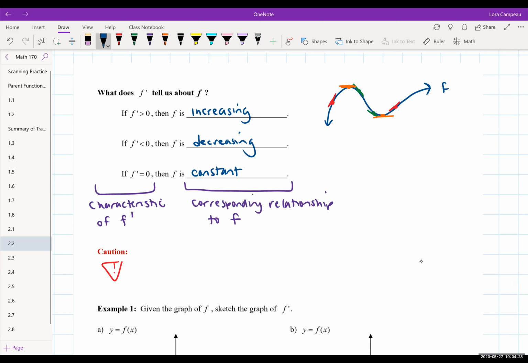Okay, so let me see if I can write this in plain words. Be careful. Wow. Yes, even Leica says be careful. So be careful not to confuse a positive and negative function with increasing and decreasing.